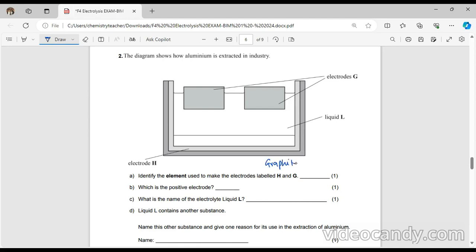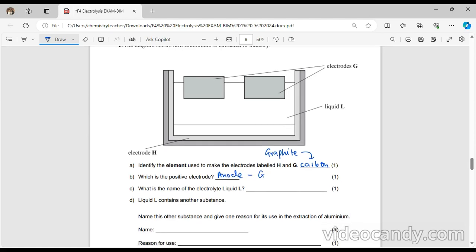That's not the name of the element. Graphite is, of course, made of carbon. So we had to write carbon there for that answer. B, which is the positive electrode. The positive electrode, a few people wrote anode, but it was asking for which electrode on the diagram is positive. And it's G, these ones at the top.